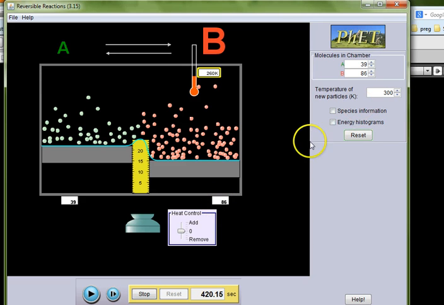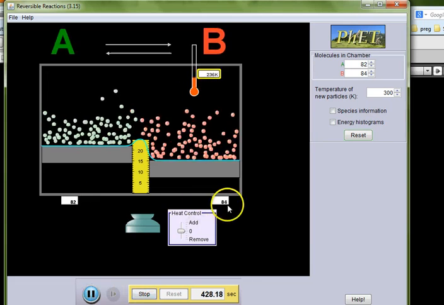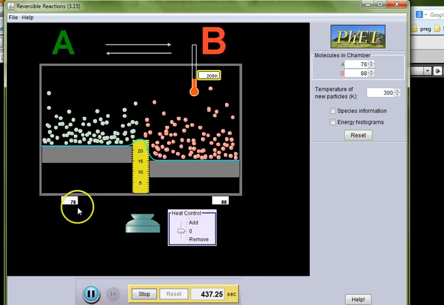You can add again, 20 more particles, or you can double the quantity. So you can add about 80, and you can see that this is pretty much at equilibrium.